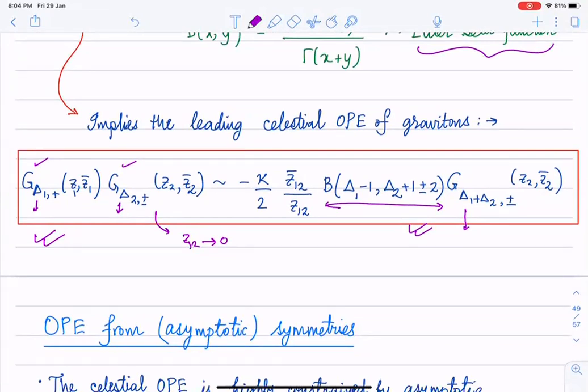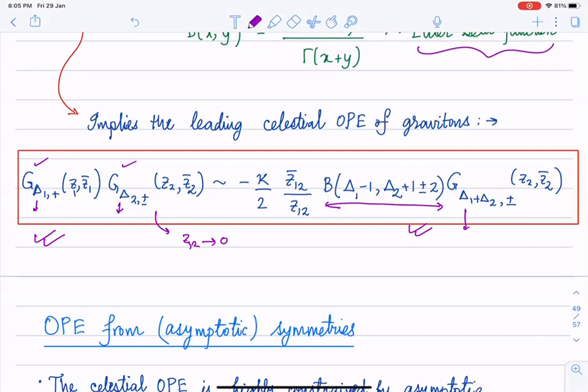From this we just learned that the leading term in the OPE is equivalent to the leading collinear limit.